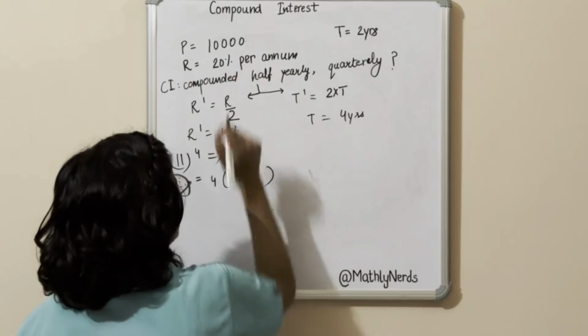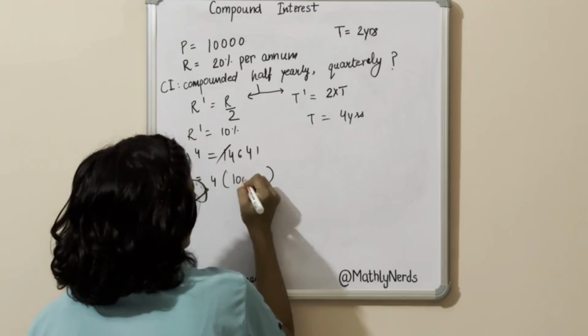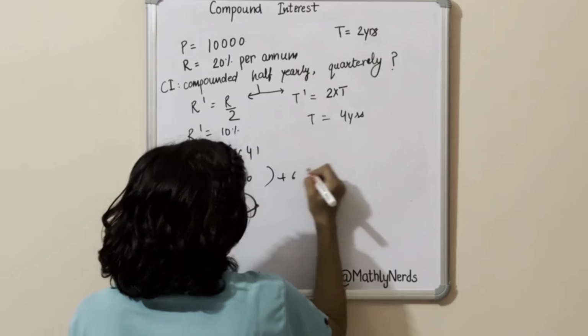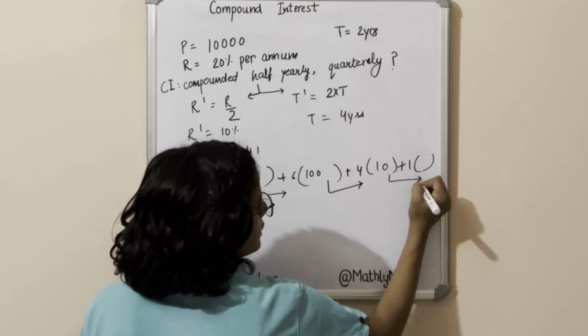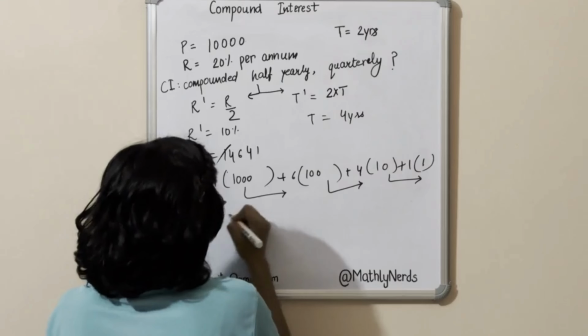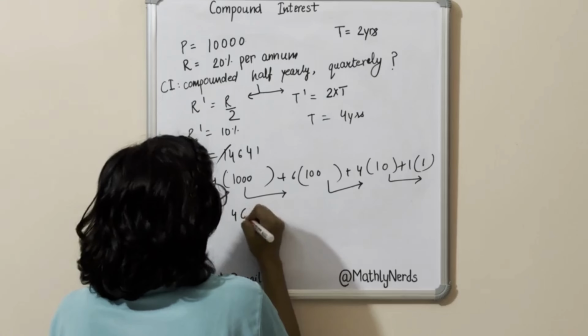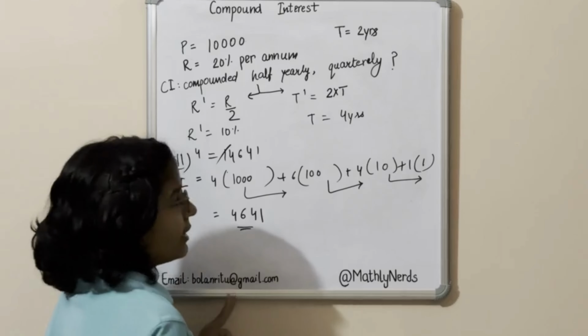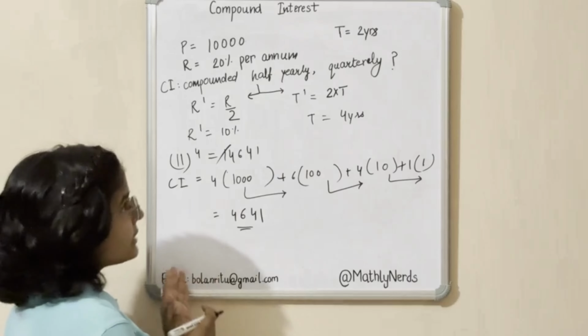What is 10% of 10,000? It is 1,000. Then 6 times 10% of this value, that will be 100. Then 4 times 10% of this value, that is 10, and plus 1 time 10% of this value, that is 1. So our CI will be 4,641. See how easy this is.